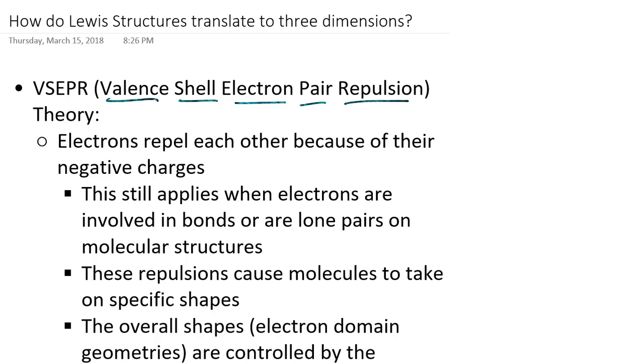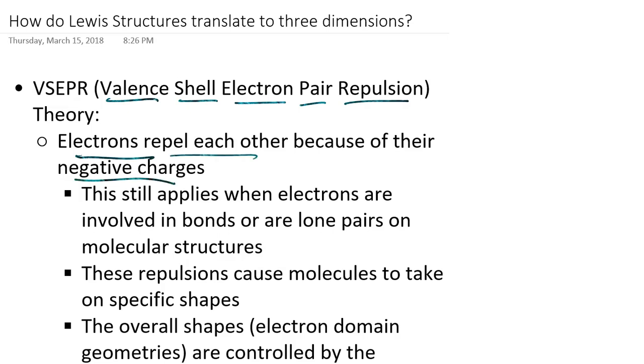And I know that sounds kind of fancy, but in general, the idea behind it is actually quite simple. It builds off of the fundamental scientific idea that things that have similar charges repel each other. So since electrons all have negative charges, they will repel each other.